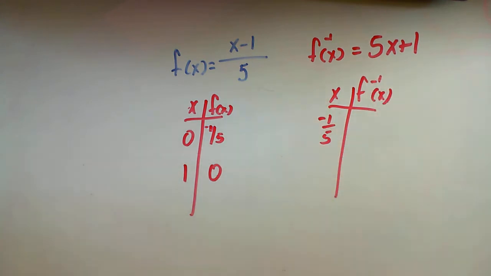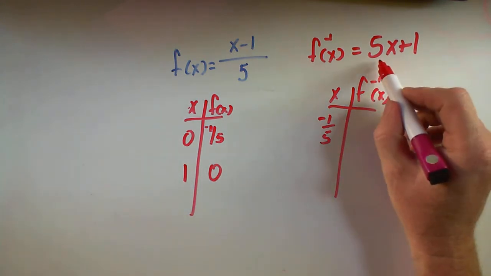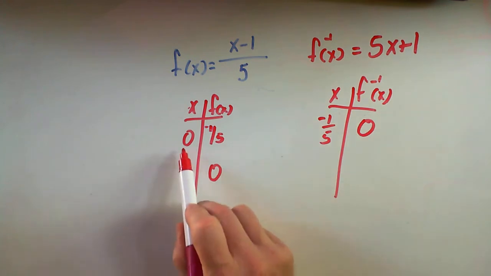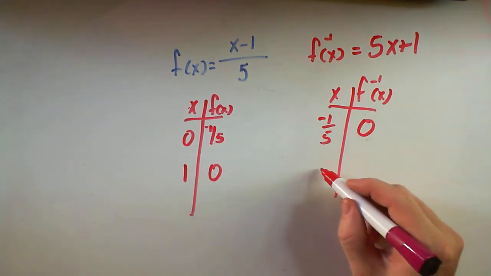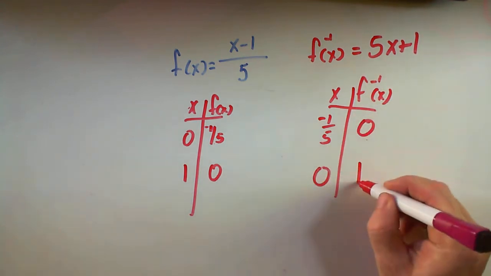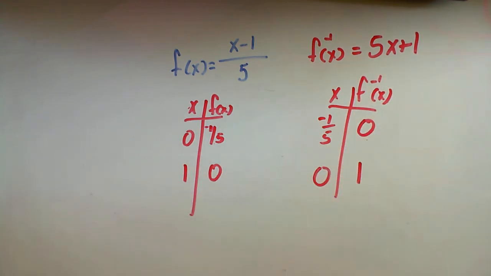My bad, right? If I plug in negative 1/5 for x, that would give me negative 1 plus 1, which is 0. xy, yx. All right? Now, if I plug in 0 here, I get out 1. Because I had 1, 0, I have 0, 1.